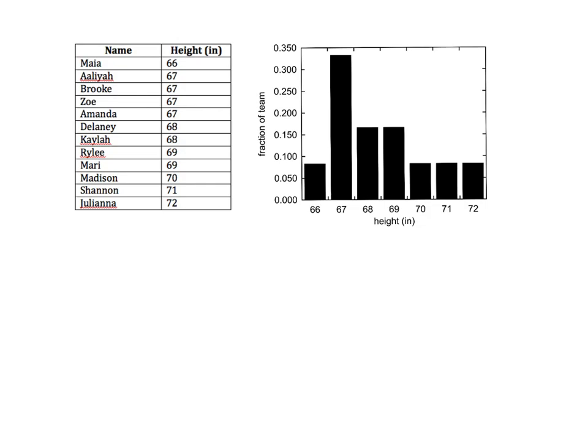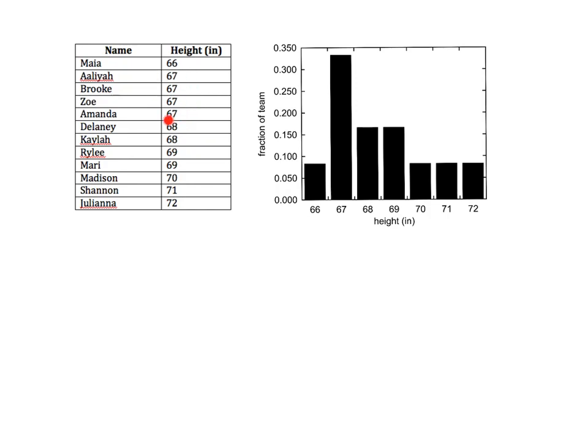Let's start by considering the heights of the women on the Allegheny basketball team. The chart that you see here shows each woman on the team and their height in inches. You'll notice that there are a number of women on the team, 4 in fact, who have a height of 67 inches.